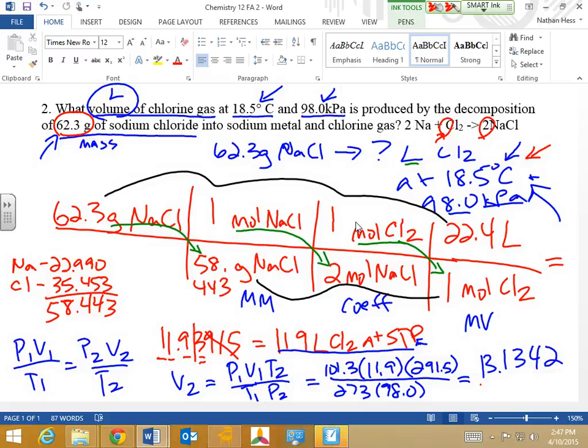So therefore, I look 1, 2, 3, draw my line, look at my 3, ignore those. The 3 tells the 1 to stay where it is. So therefore, my answer is 13.3 liters of Cl2.